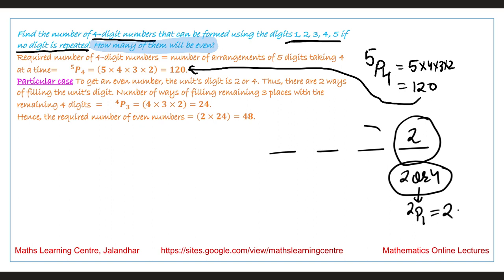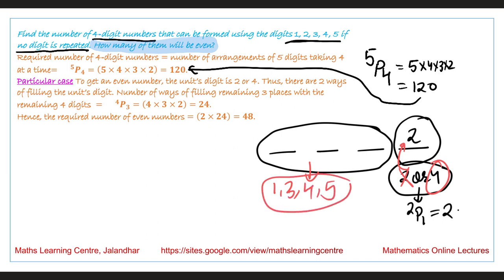Now for these remaining 3 places, how many digits we are left with. Suppose we have filled 2 over here, we are left with 1, 3, 4 and 5. So the number of ways in which from these 4 digits we can choose 3, it is 4p3, that is equal to 4 into 3 into 2, that is equal to 24.